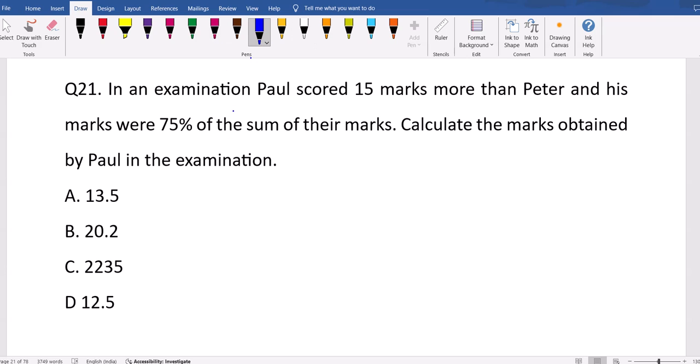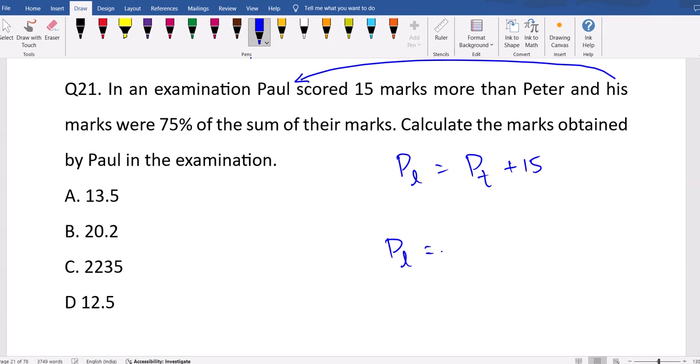Yeah, this is pretty much similar to one question we took earlier, about differences. Lisa, Marita, we discussed. So Paul is 15 more than Peter, and his marks, his meaning Paul's, related to the first person, Paul got 75% of the sum of these two.